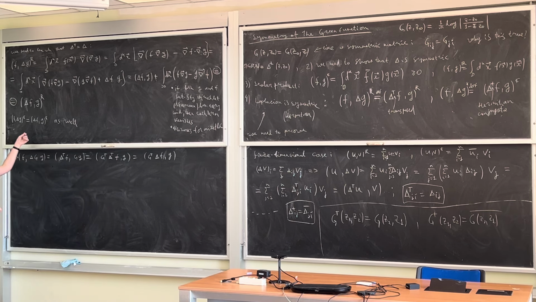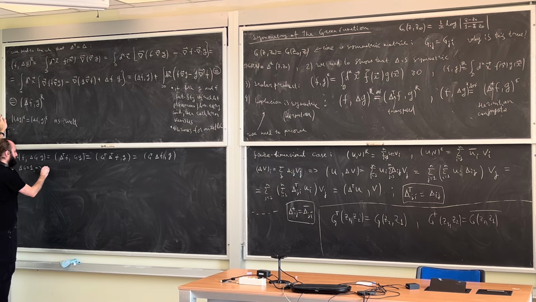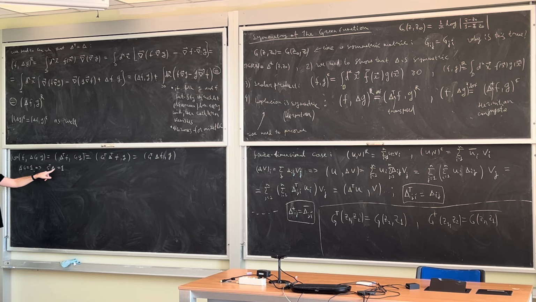So we obtain immediately that if the Laplacian acting on G equals 1, then G transposed and the Laplacian equals 1 as well. And now we can act with this construction on the original Green's function.